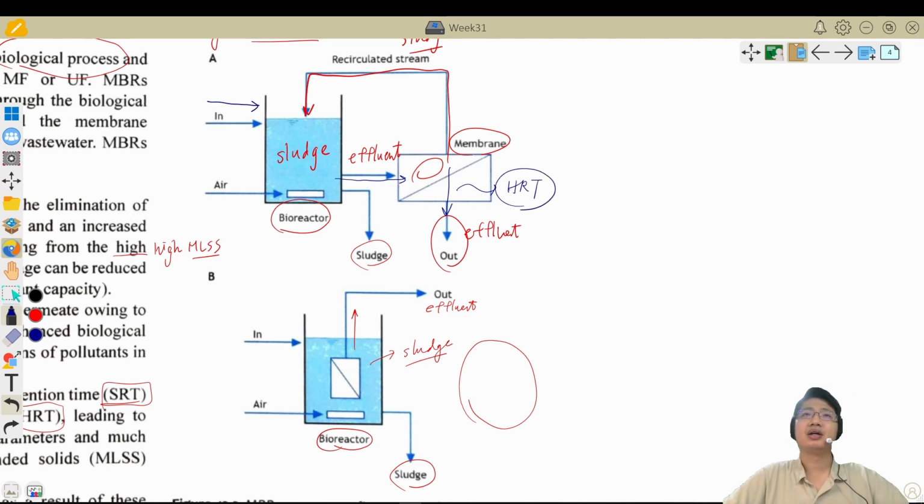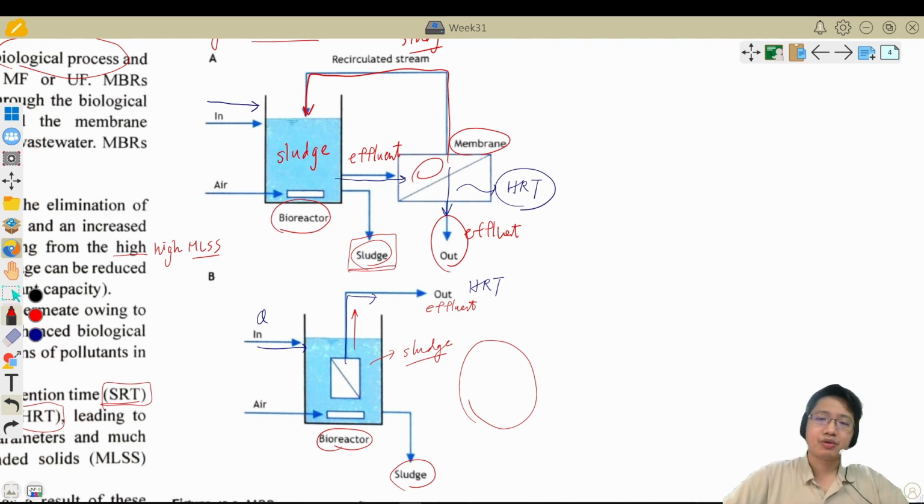It just depends on the flow rate of your influent and your effluent. Here is your Q inside your bioreactors, and also using the pump to get out the effluent. So here you can control your HRT. Because there's no natural sedimentation process in the MBR, your sludge waste stream will just come out from your bioreactor.